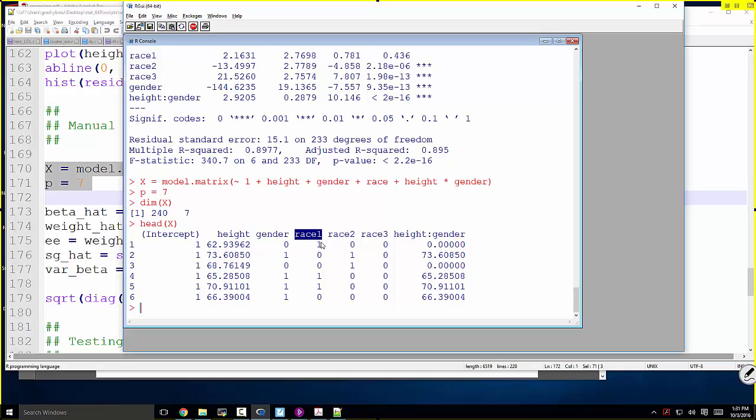If this is 1, then these will necessarily be 0. If this is 1, then everybody else is 0, and so on. Race 1, 2, 3 are indicator variables for race 1, 2, 3, and it did it for us automatically in the model.matrix call. The last column is just the product of height and gender. So the first element is 0 because gender was 0. Otherwise, you have the actual height measurements.